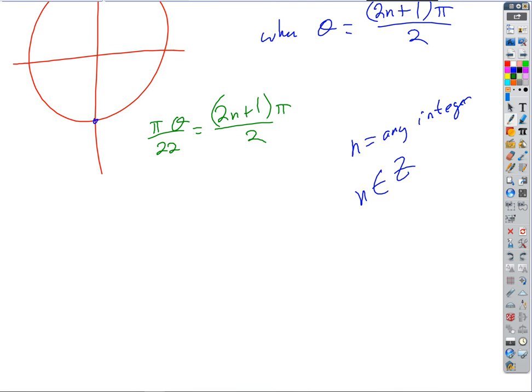So what can we do to solve this? Well, we could divide both sides by pi. We could multiply each side by 2, how about? Or actually, multiply each side by 22, just to get theta by itself. So theta equals 2n plus 1 times 22 over 2, right? Which is what? 11.